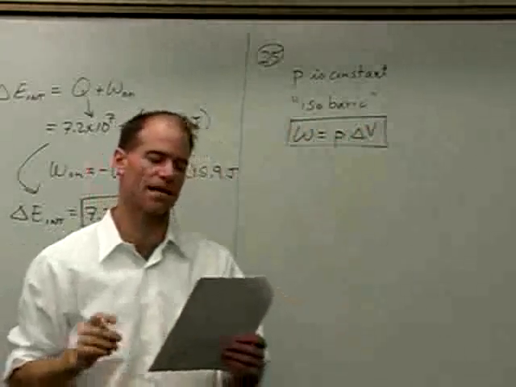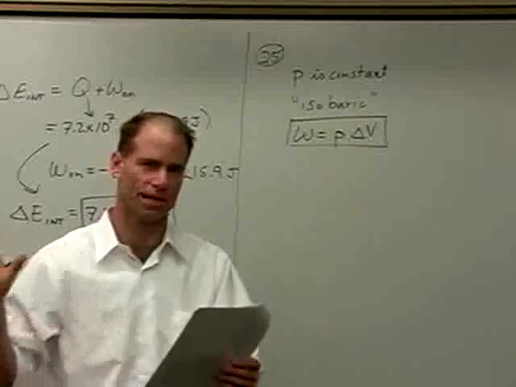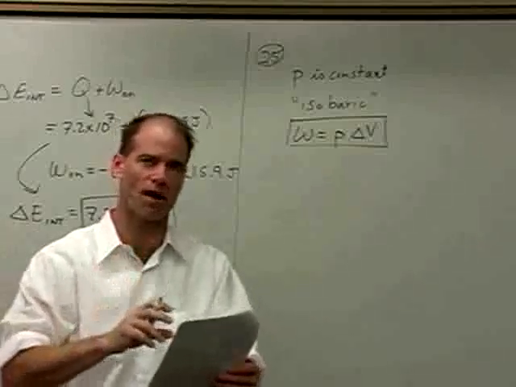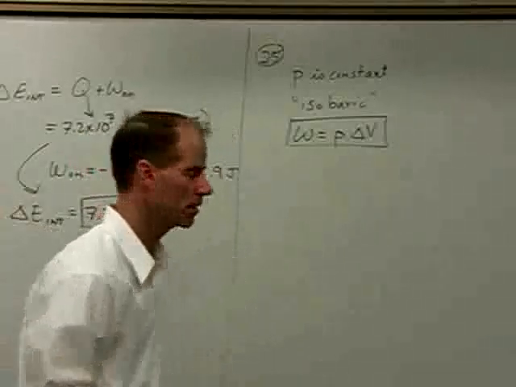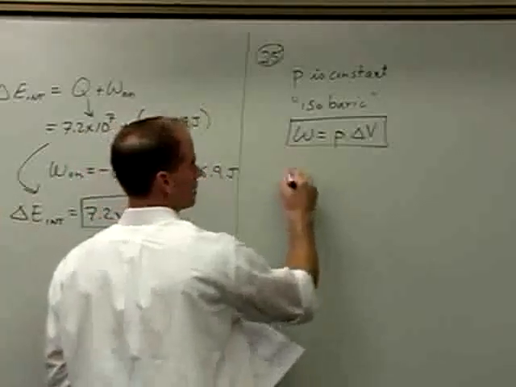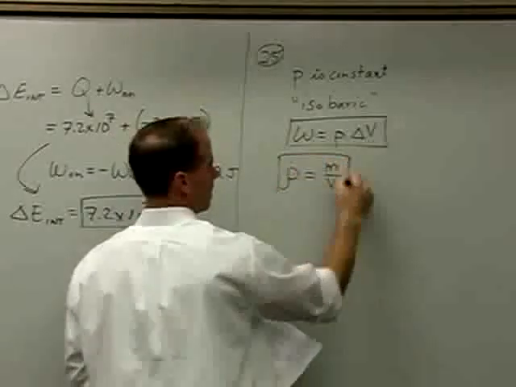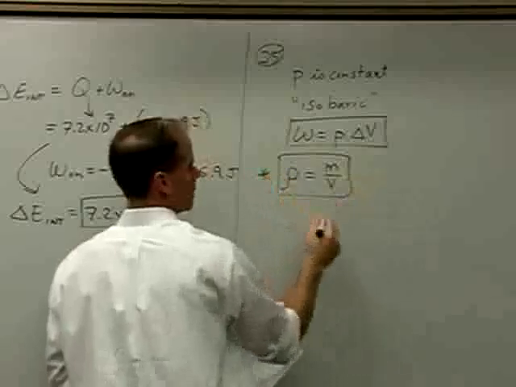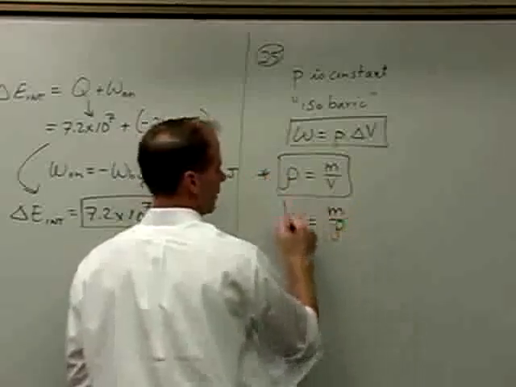Our substance is actually going to go from water to steam, so it's going to go from a small volume to a very large volume. How do we figure out that volume? We can use that density equals mass per volume. So volume will equal mass divided by density.